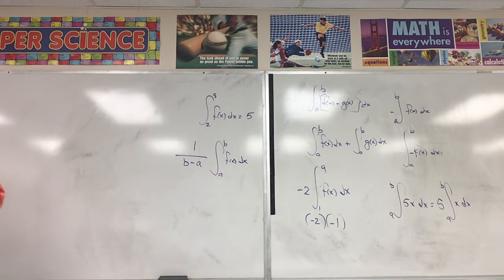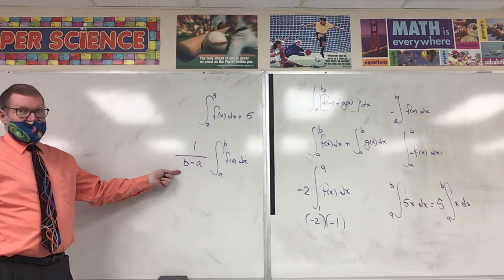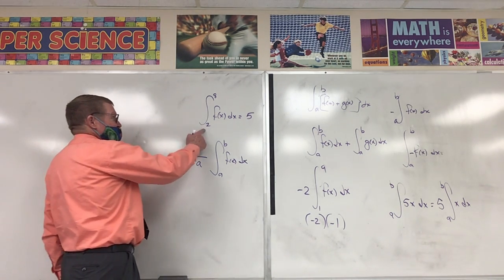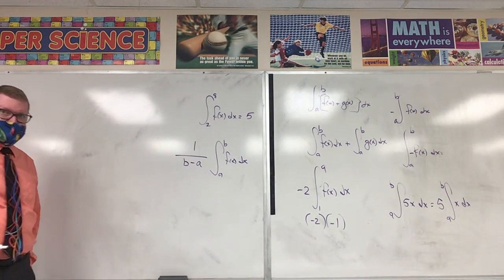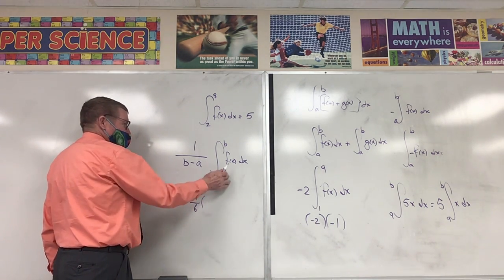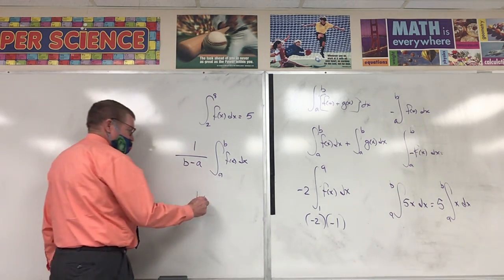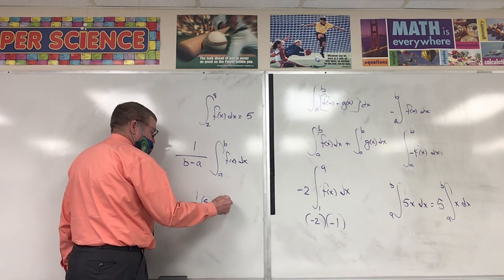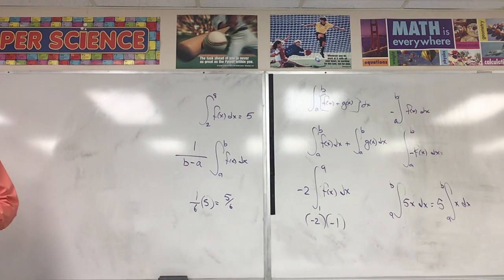So we evaluate the integral, and then multiply it by the reciprocal of the difference between my two limits. That's the mean value theorem for integrals. In this case, the difference between my limits is 6, so it's 1 over 6 times the integral of f of x, which is 5. So it's going to be 5 over 6 as my mean value.